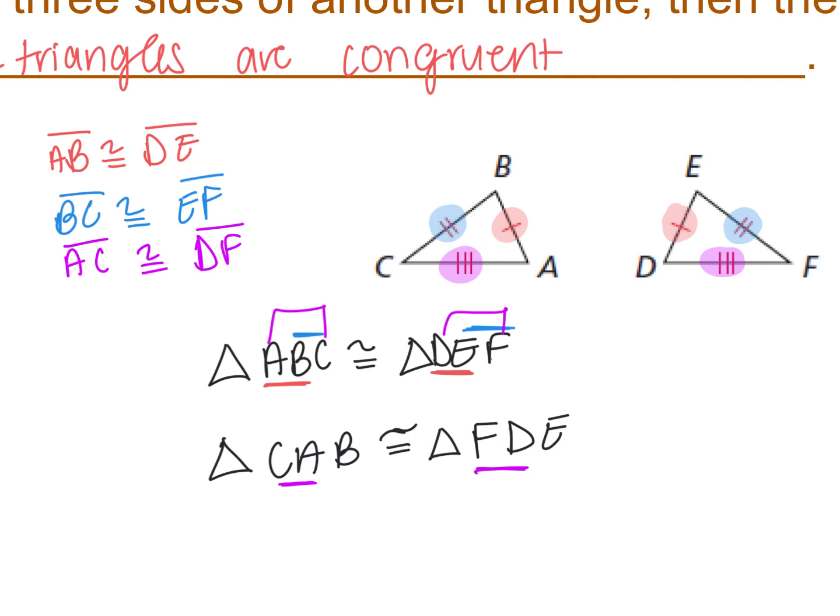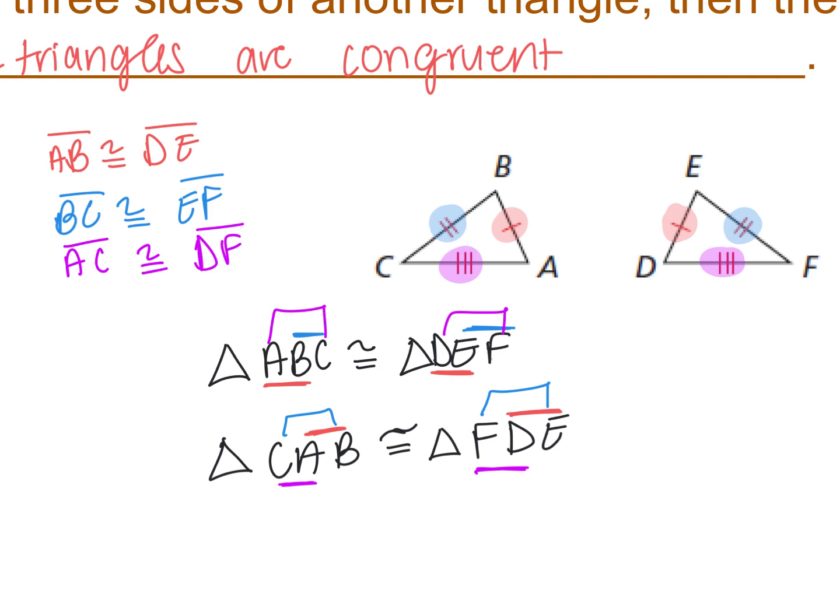And then AB is congruent to DE. And then CB is congruent to FE. All right, so multiple ways you can write it. As long as they're matching, you're good. If it's not matching and I check it, it's going to be wrong. So please make sure you're matching them.